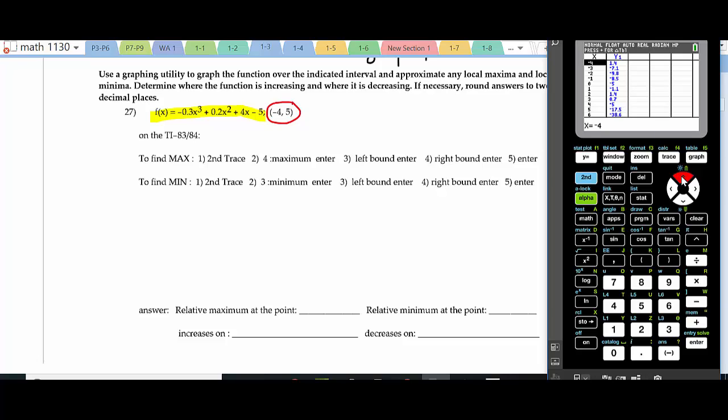So for my y window, I'd probably use -20, and I would go up to about 2. And that would give all my data, right? You guys see what I'm talking about? So that table will help you figure out what to do for y. These calculators have this zoom fit thing on it, but it's better to do it this way, all right?